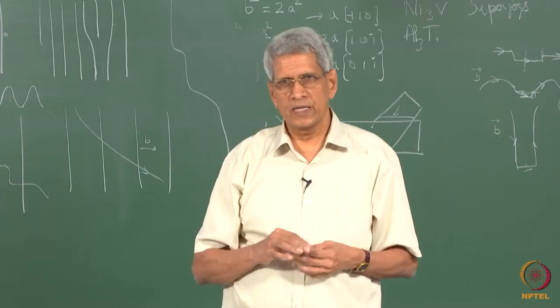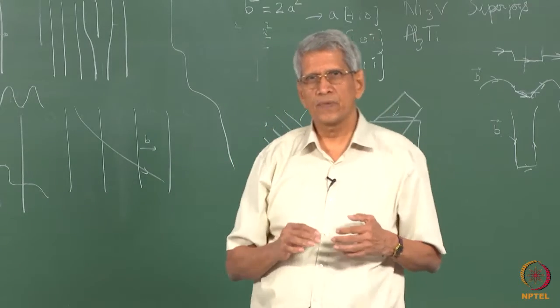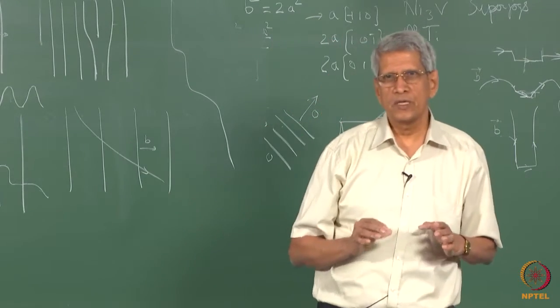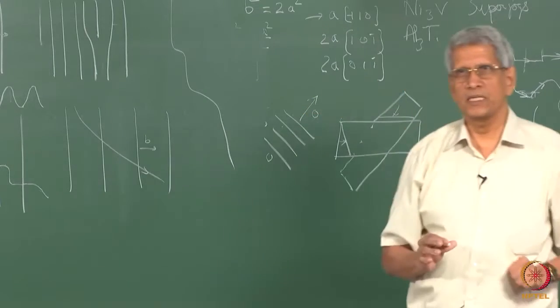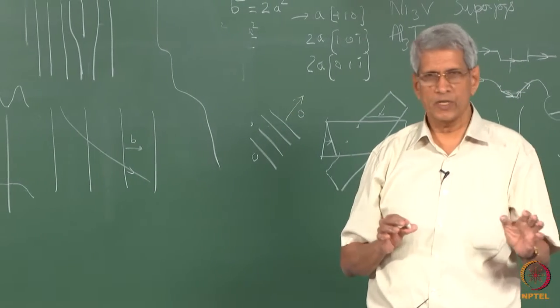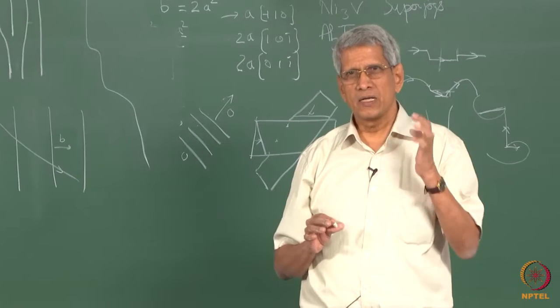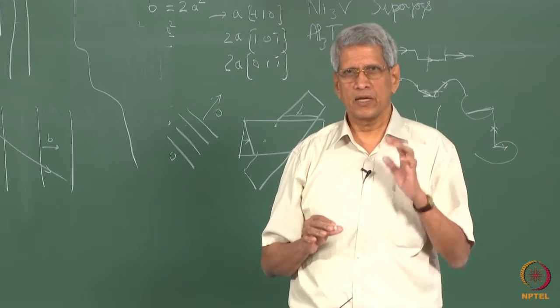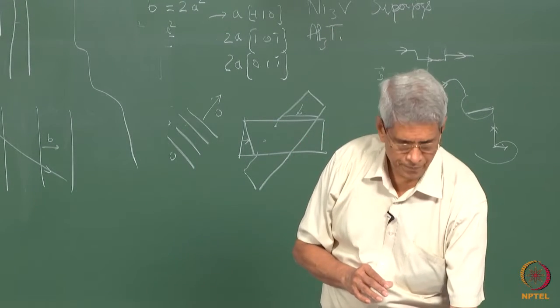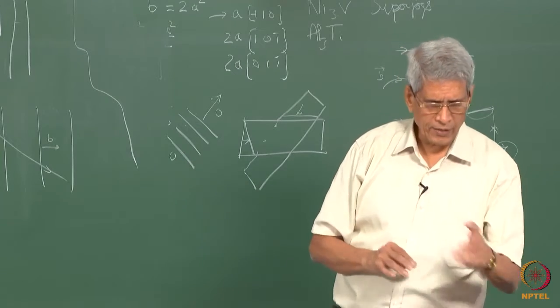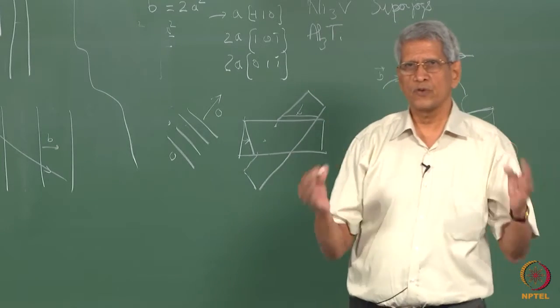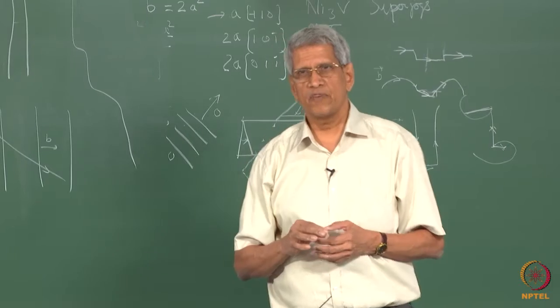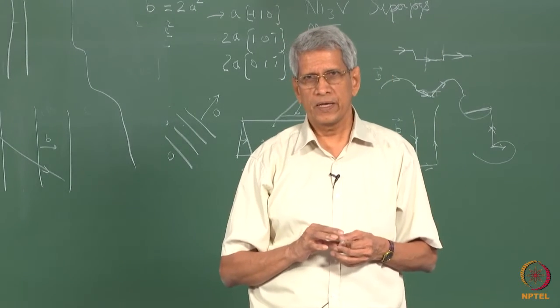What could be the reason for this? That means there should be some sources operating within the material, which are responsible for such a high increase in dislocation density. What are the sources which we can think of? One of the sources which has been put forward is the Frank-Read source.